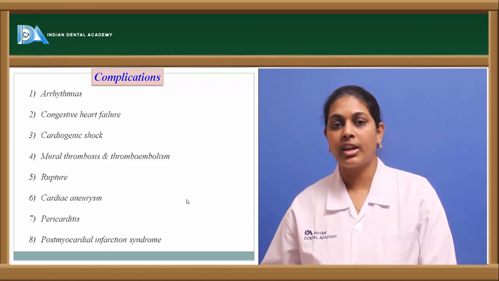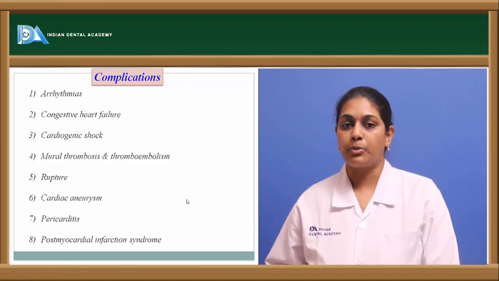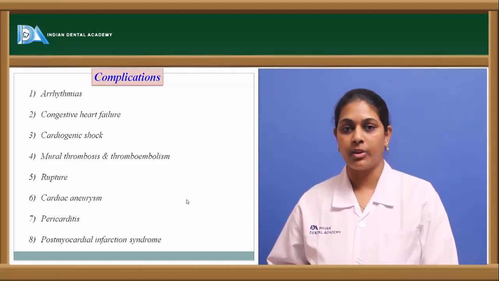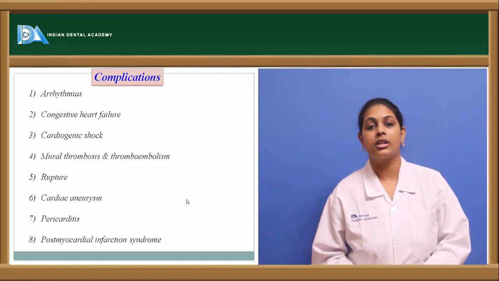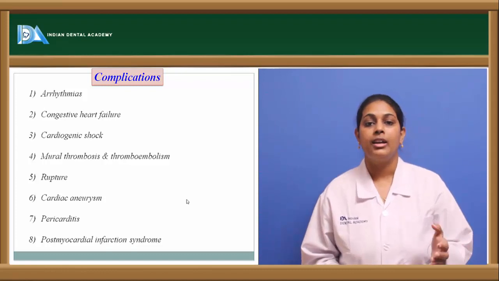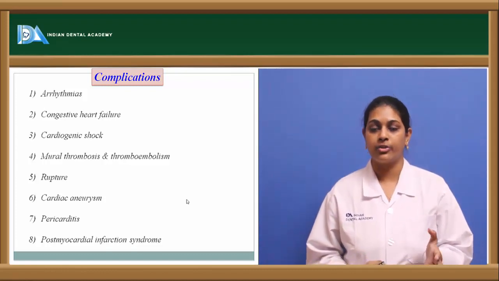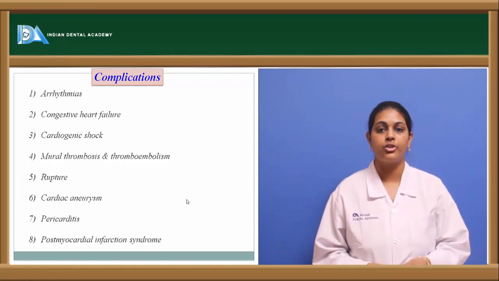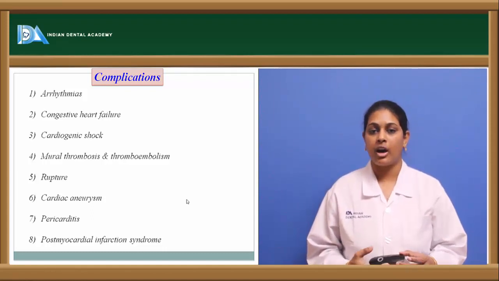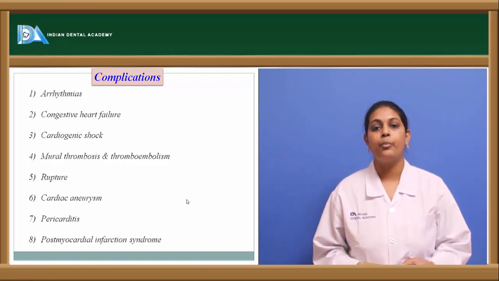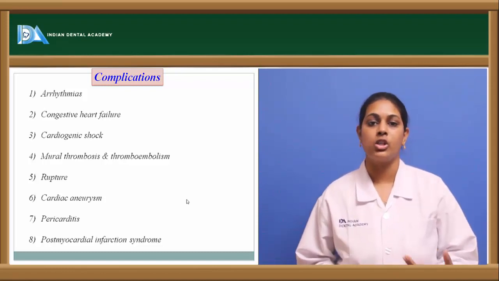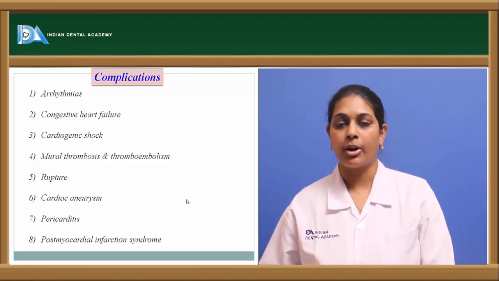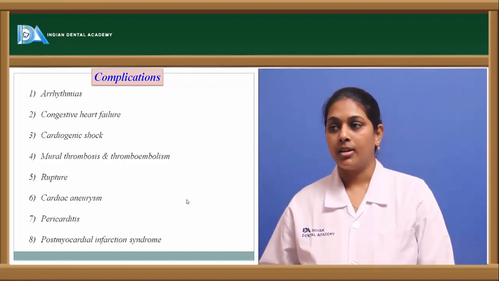In 5% of cases, there can be a rupture of the heart which might result in death of the patient, or it might result in a cardiac aneurysm, mostly on the left side. Pericarditis can also be seen in myocardial infarction if untreated, and post myocardial infarction syndrome can also occur in acute myocardial infarction.